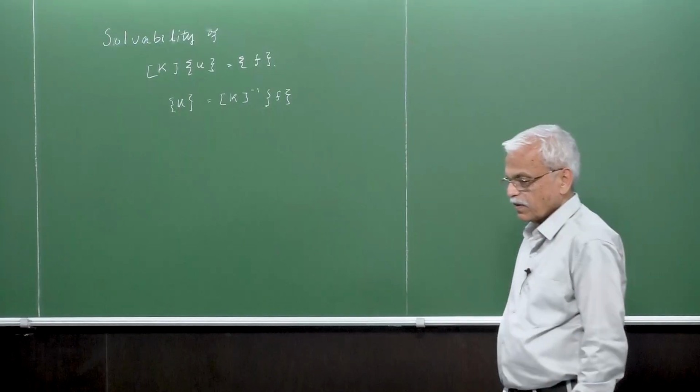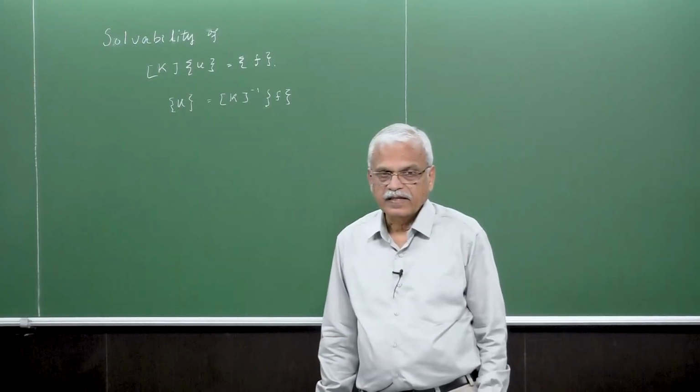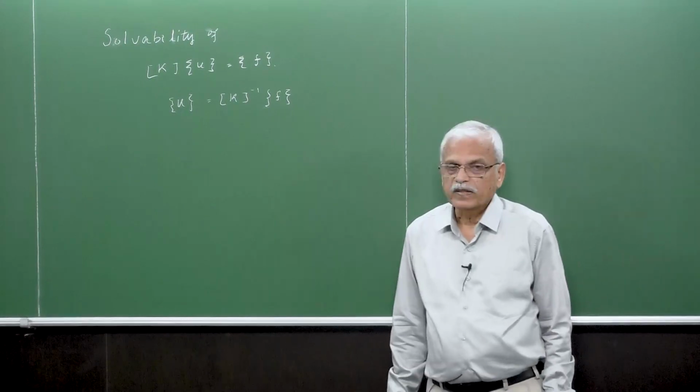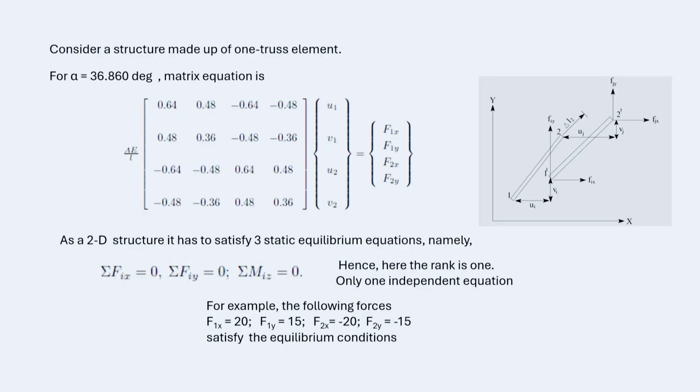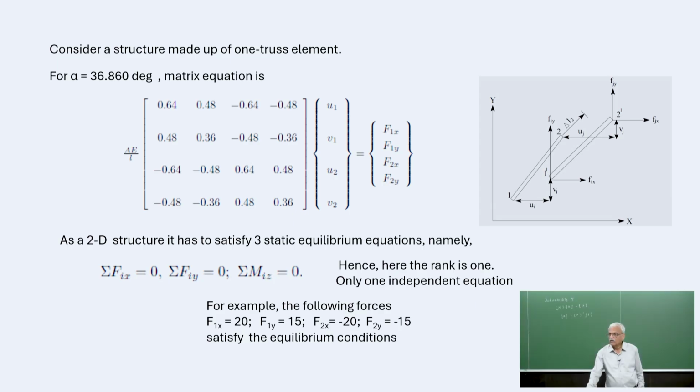So what we are going to do here is that, as we say here, in this particular problem, the determinant of k is 0, and in fact here the rank, interestingly, turns out to be just 1. So what does that mean? If you do Gaussian elimination or a reduction method, you can manipulate the rows in whatever manner, and whatever you do on the left side, you also do on the right side.